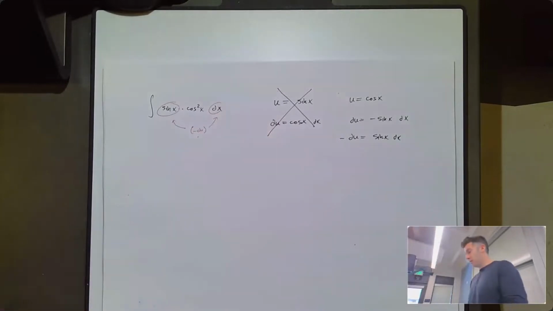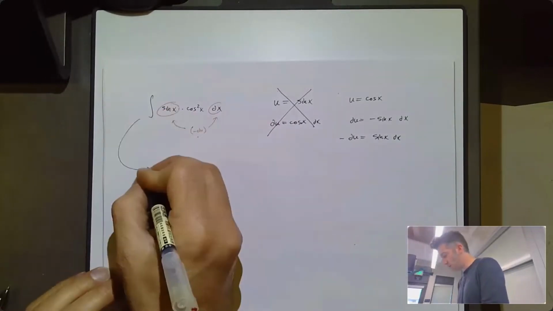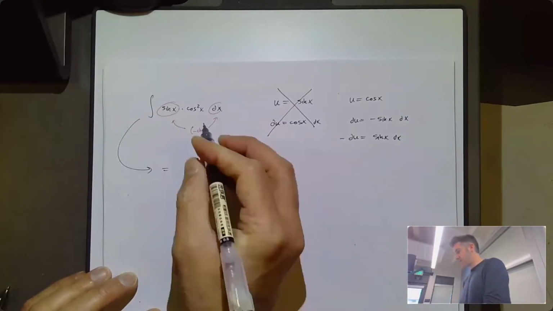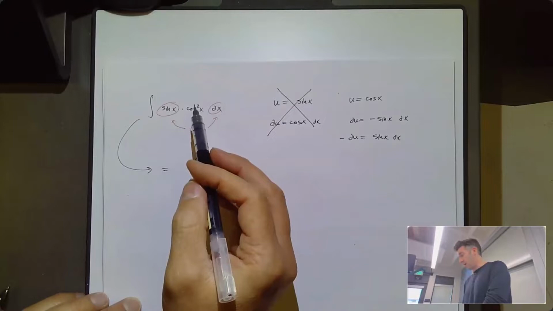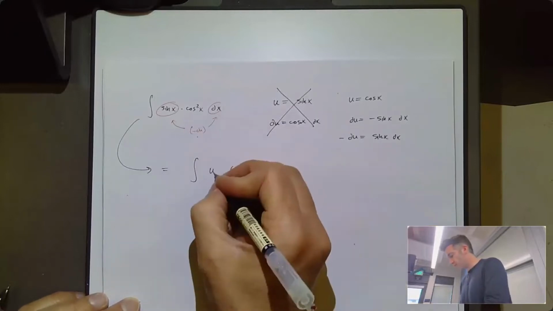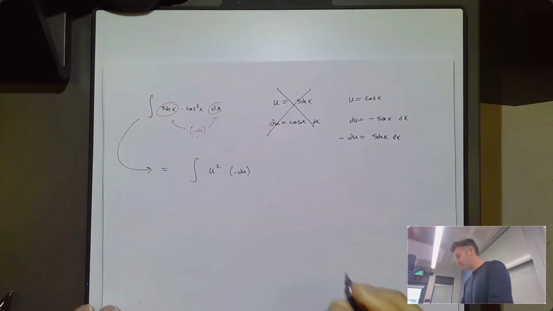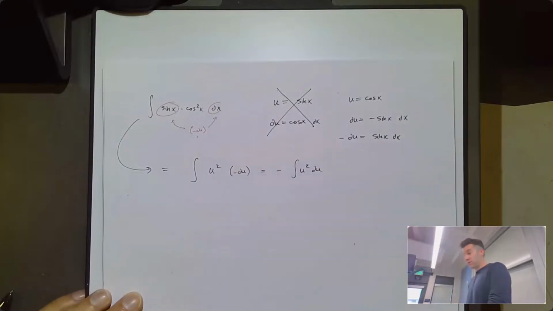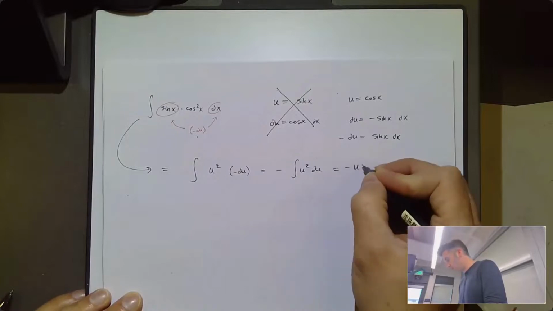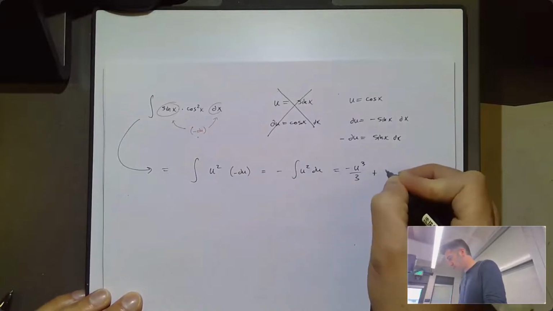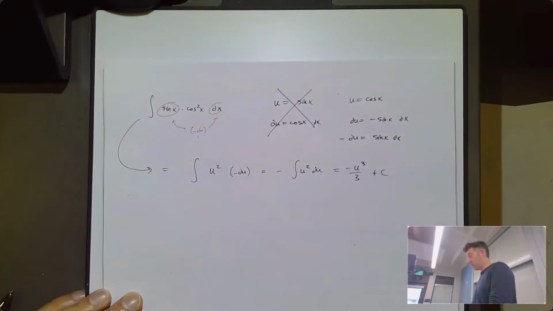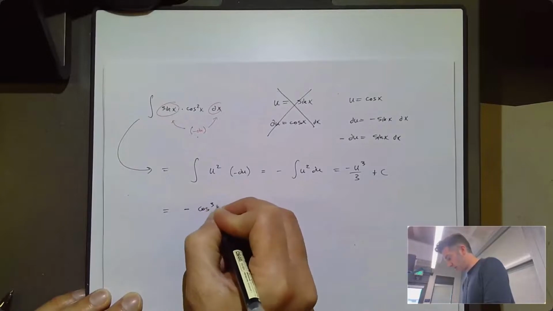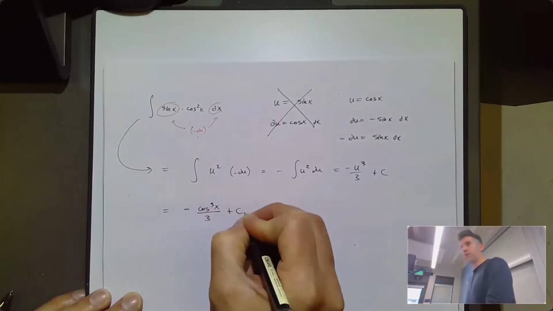So then this integral is going to become the integral of a negative du times, instead of cosine squared, now I'm going to have u squared. I would put the negative sign on the outside. And then the antiderivative of u squared is going to be u cubed over 3 plus c. And then we plug back in what u is, and we get negative cosine cubed x over 3 plus c.